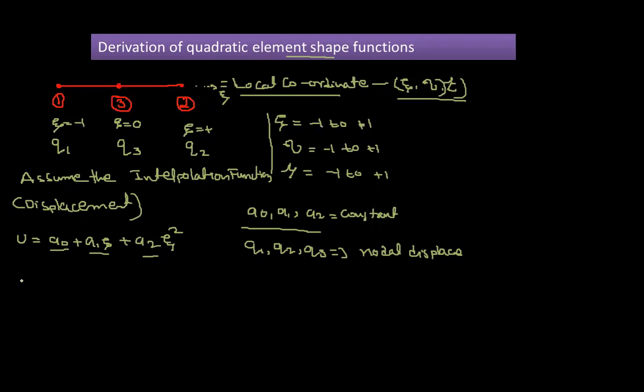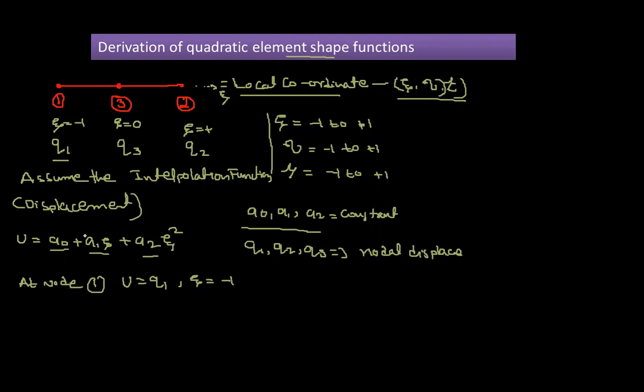At node point one, we write down the assumed interpolation function. At node one, u becomes equal to q1, because at node 1 we assumed that the displacement is q1. The zeta value at node number 1 is minus 1.